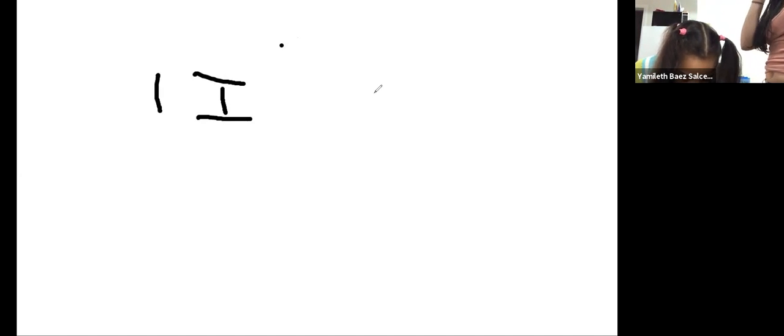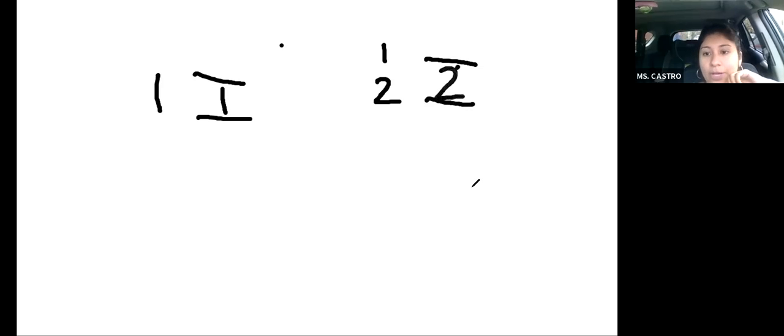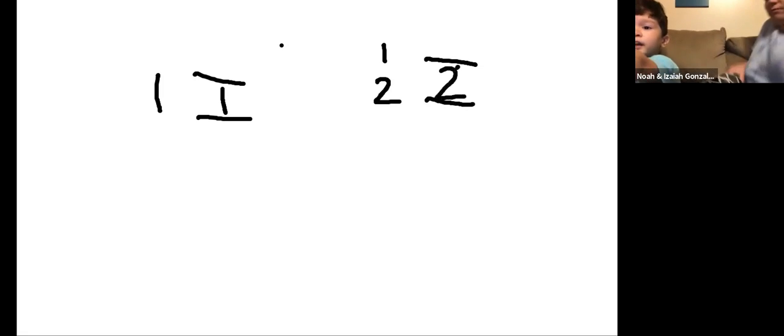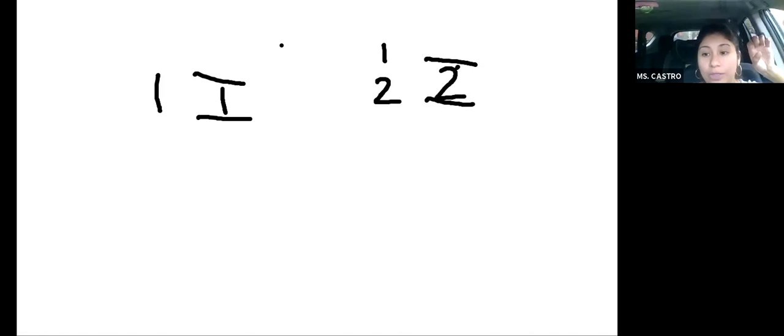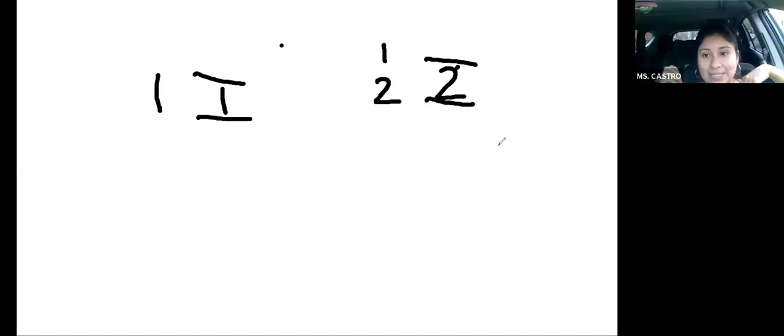Now the ducks. We have 1, 2. I labeled 2 ducks. So on the line, we're going to write the number 2. Okay, so now listen very carefully. We're looking for the smaller number. So the smaller number is a number that's less.